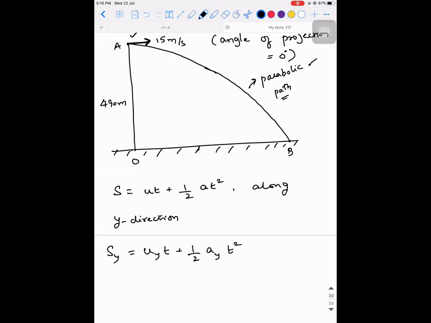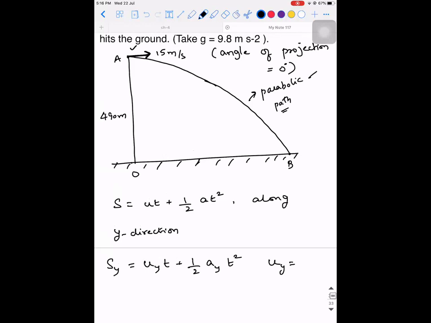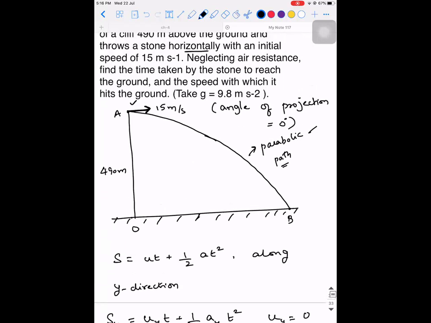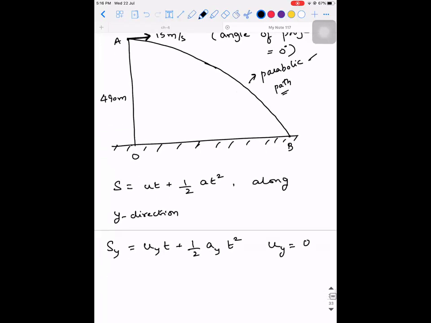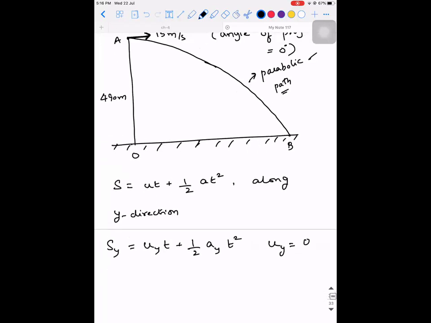Now tell me one thing. What is the initial velocity along the y direction? It's 0, because the 15 meters per second is given in which direction? Horizontally, and horizontally means the x-axis. Similarly, what is the acceleration of the particle along the y direction?